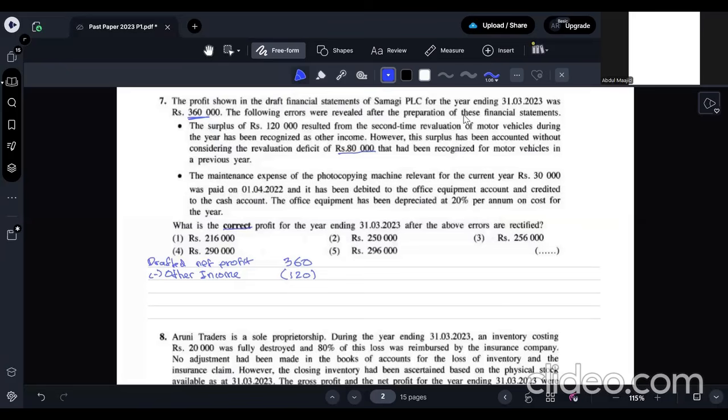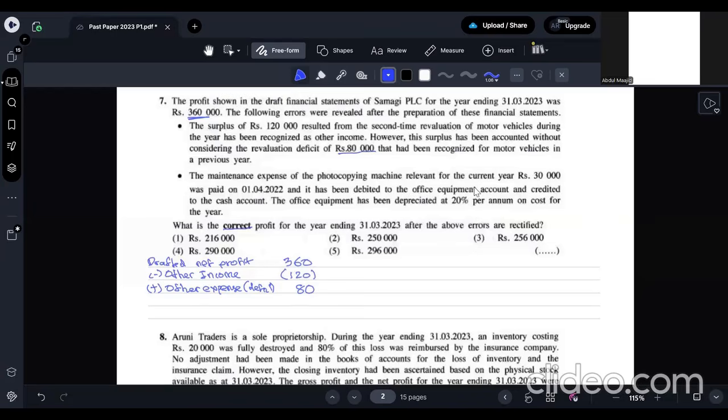We have to deduct other expense by 80,000, which means our profit will increase by 80,000, right? If we are deducting an expense, profit will increase. So plus other expense, the deficit amount, you can add it 80. Then only the remaining 40,000 will go to other comprehensive income.